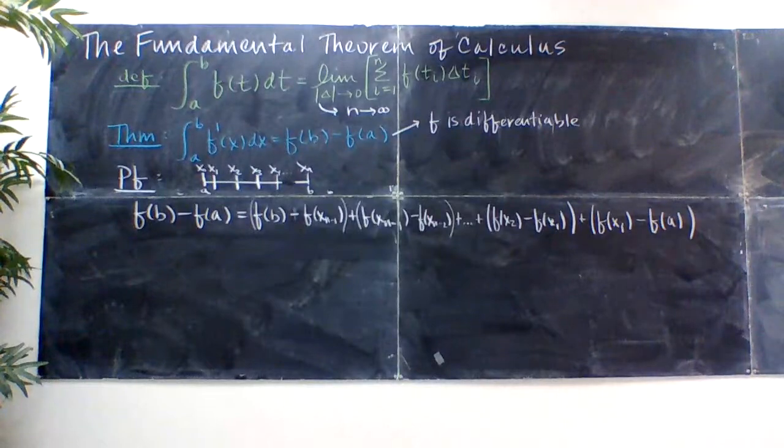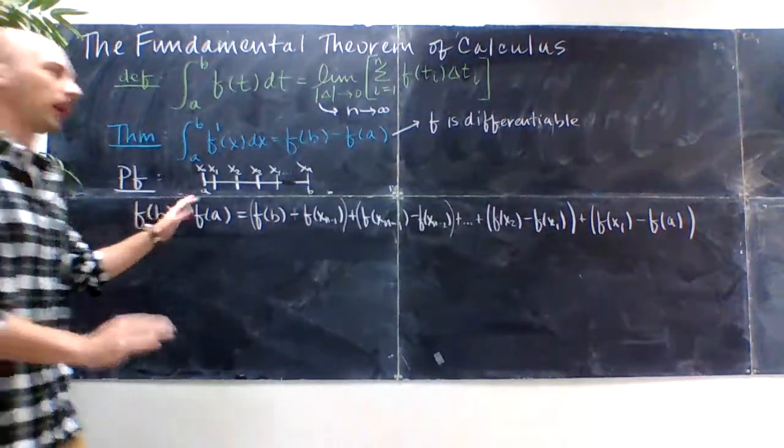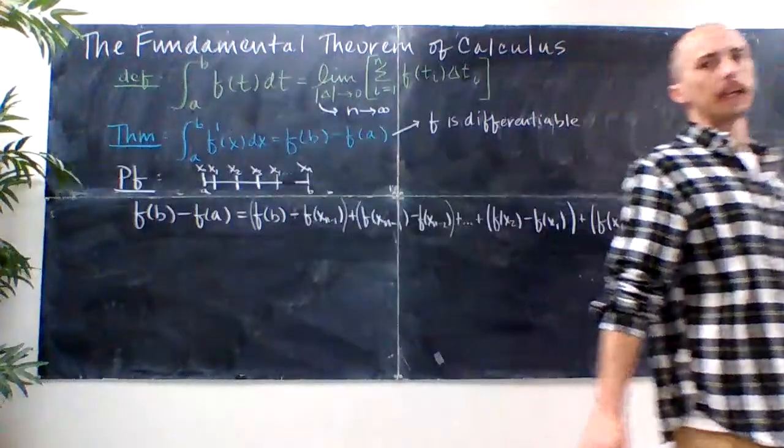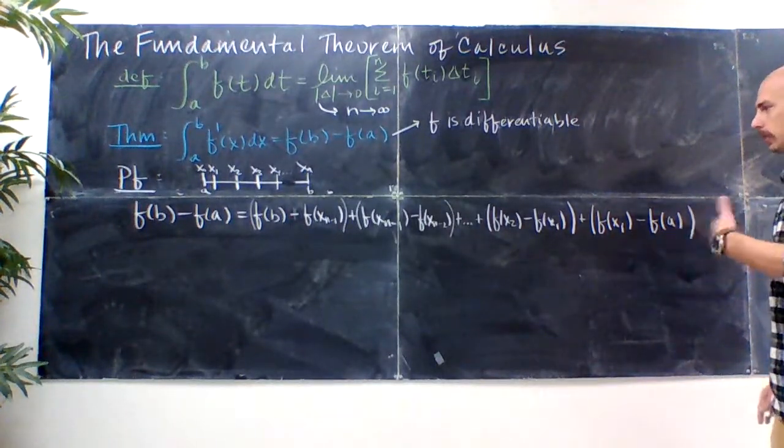All right, so this is the same thing as f of b minus f of a. I've just added in, say, n copies of 0.